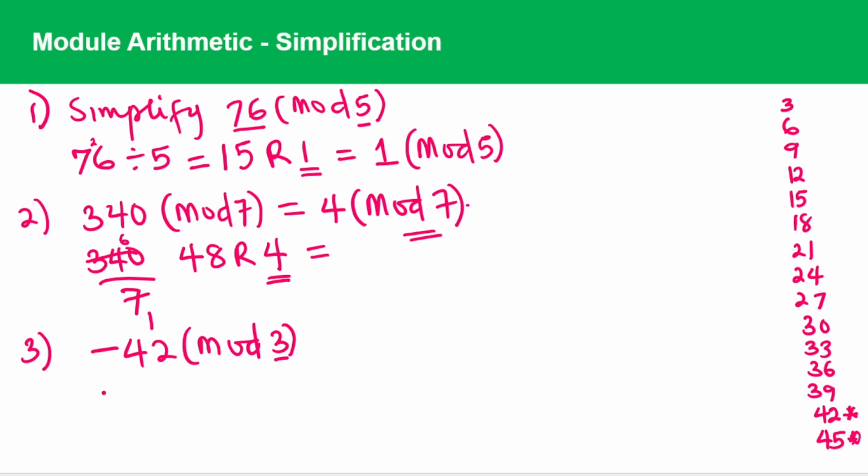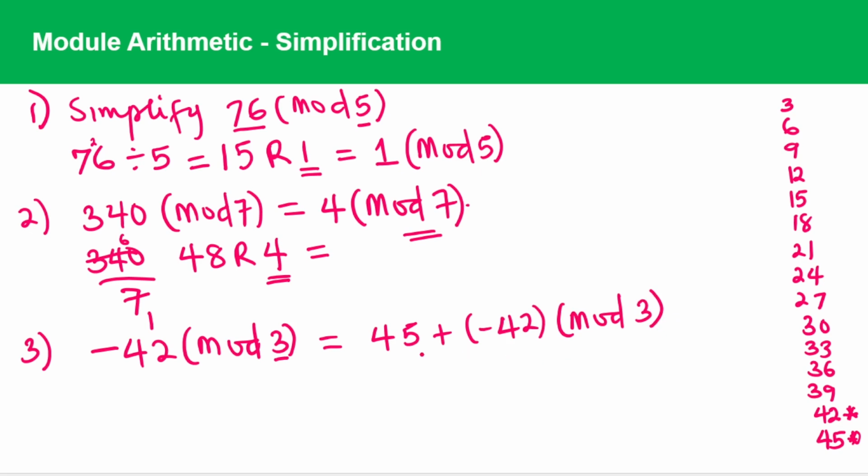So that means minus 42 mod 3 can be written as 45 plus minus 42 mod 3.